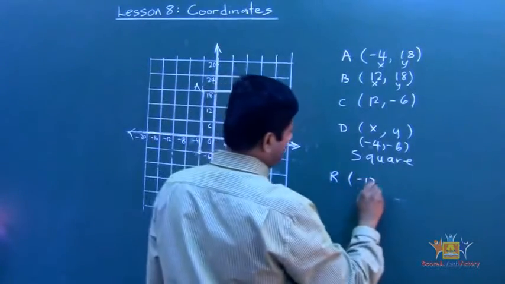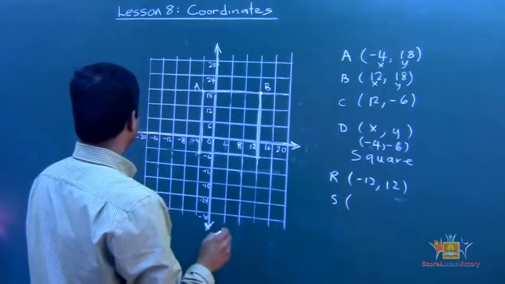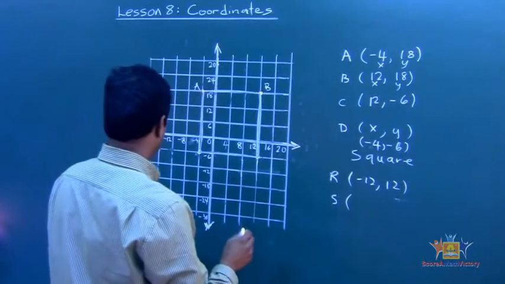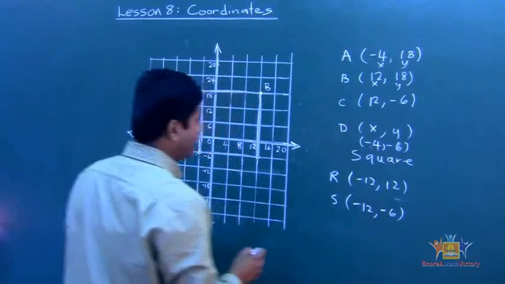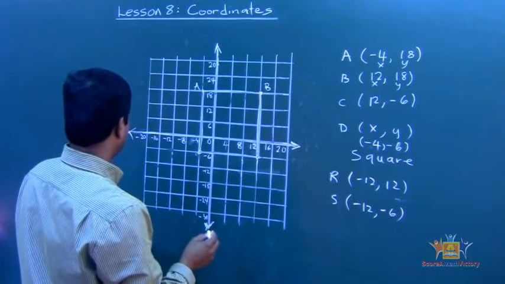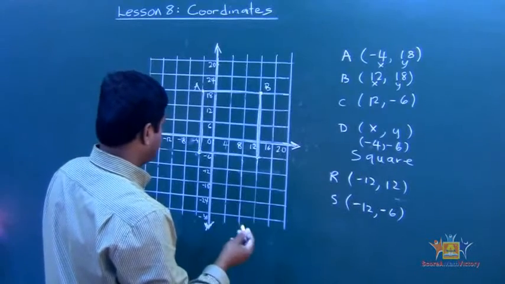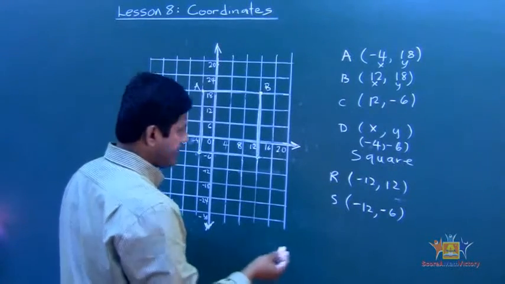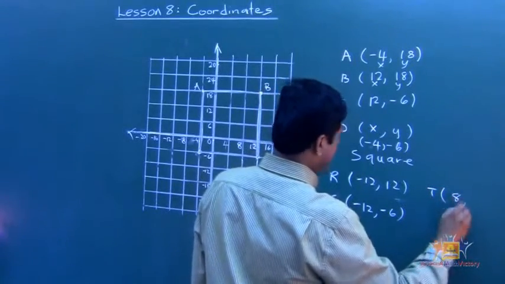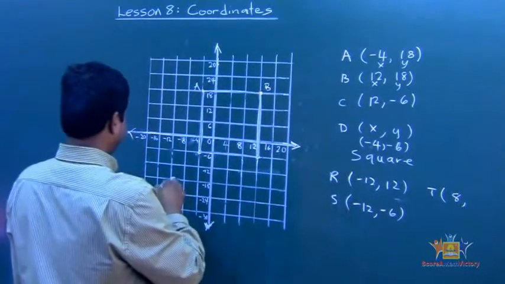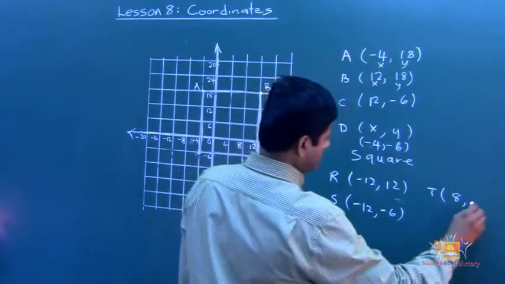negative 12, 12. S is, let's say, negative 12, negative 6. And T is 8, negative 6.